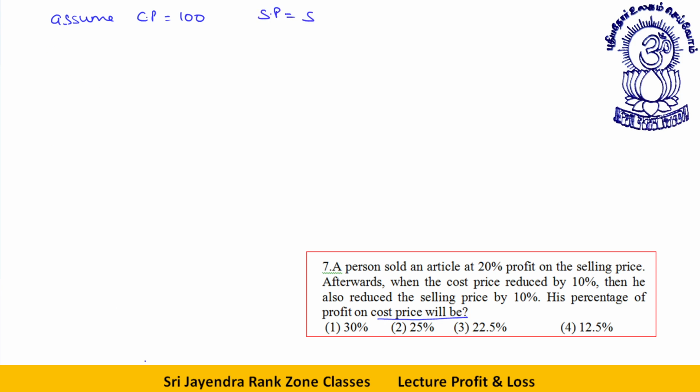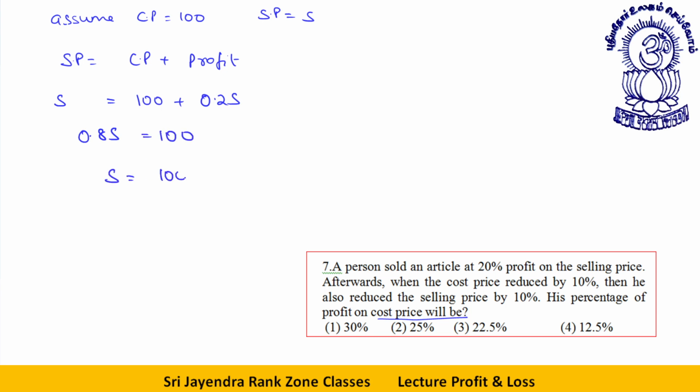Now, okay, I hope all this is visible and readable and legible. Now, as usual, SP is equal to CP plus profit. CP is 100, profit is 20% of the selling price, 0.2 S. So from here, what do I get? 0.8 S is equal to 100.